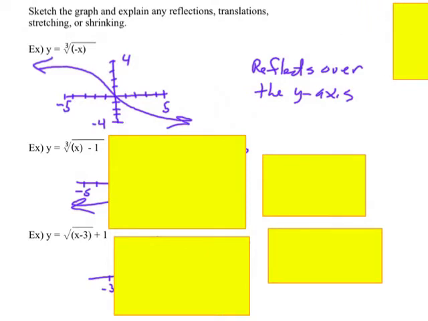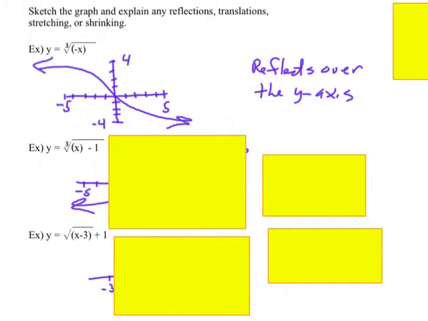Okay, in the second function, again this time, what do I see? Well, it's a cube root again, but this time it's the absolute value of x minus 1. So, notice that minus 1 is underneath the radical. That means it's before the prevailing operation. So what that means is it's going to shift it right or left, not up and down.